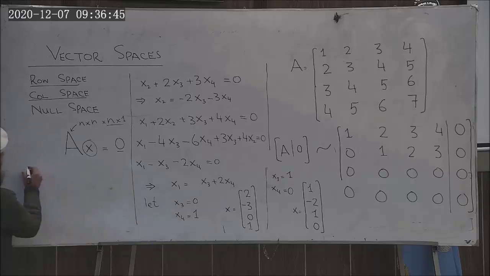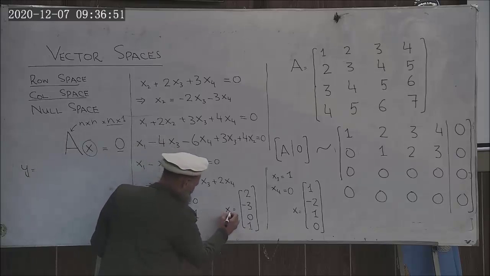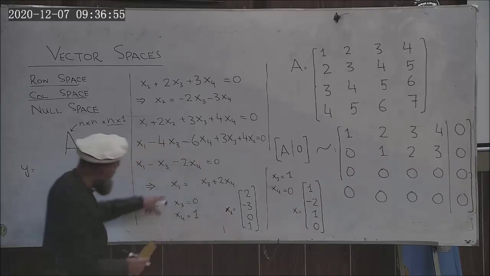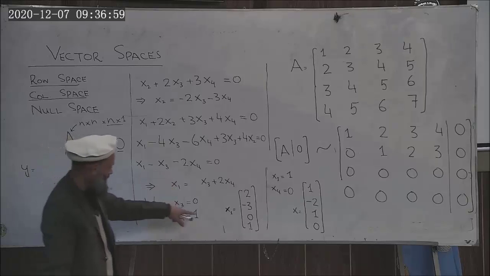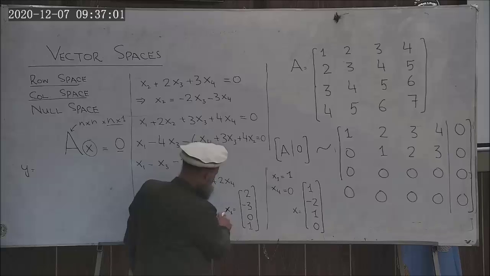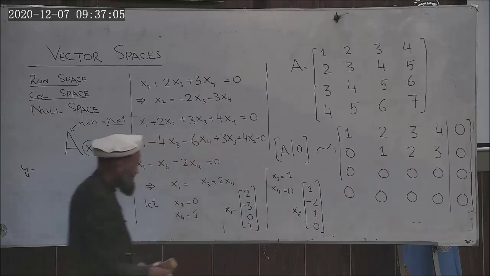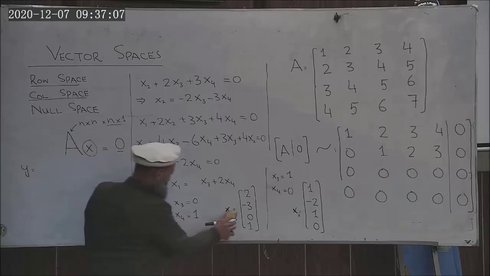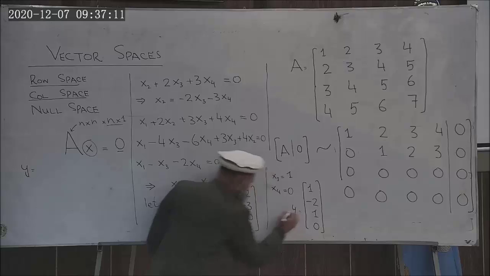For example, let's call this vector x1. This is vector x1, different from this x1, which is a scalar. Just to differentiate, if you are getting confused with this notation, we call them x and y.